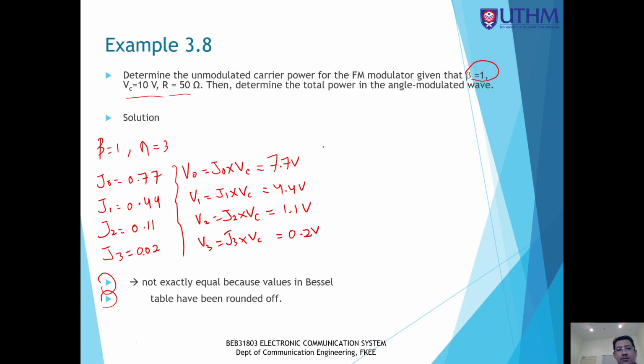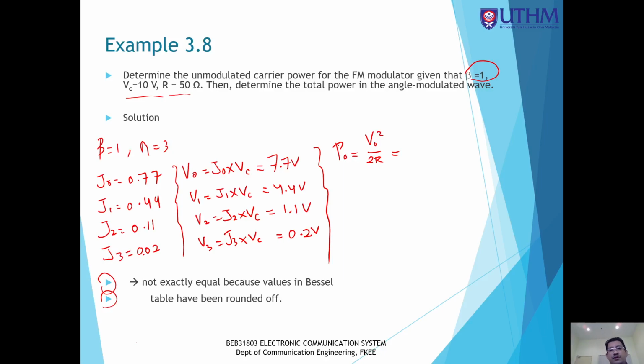Okay. So again, if you use P0, P0 is equal to V0 square over 2R. So you will get how much? Let's calculate together so that we can find the correct answer.